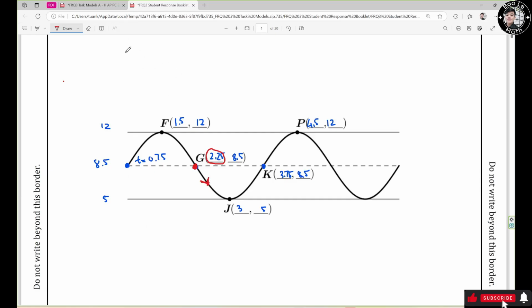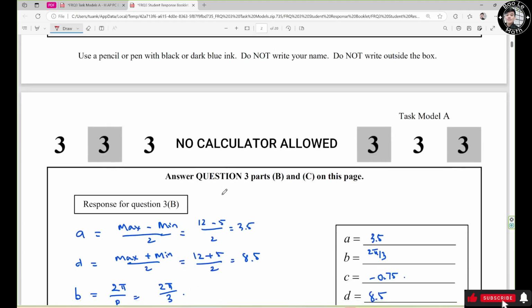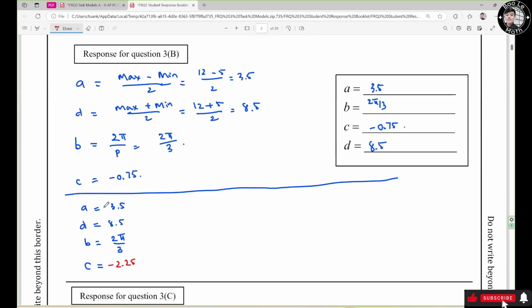Remember, the general form of the sine function is going to go up, like this. Now there is a reflection, it's going to be like this, right? So in this situation, A greater than 0. This one, A less than 0, right? So this going down, which means A is negative. So you need to put the negative sign right here if you pick this phase shift, negative 2.25.